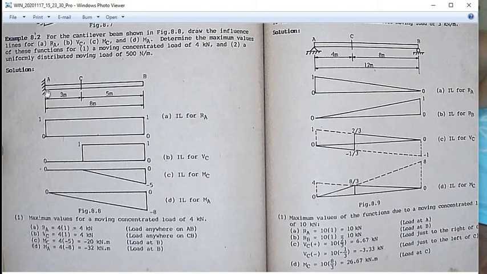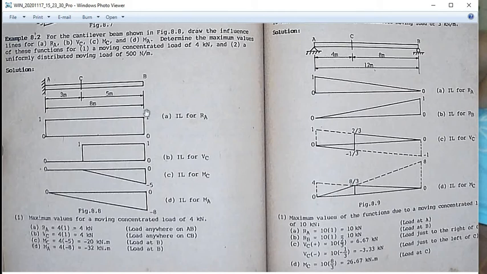Okay? So, similar to problem 8.2, draw the influence line for reaction at A. Ang reaction naman, take note, ay directed upwards.